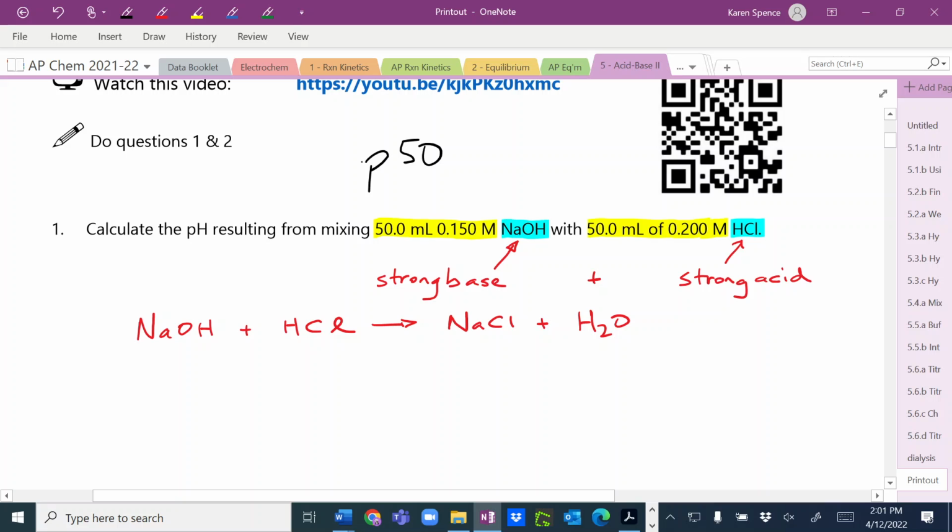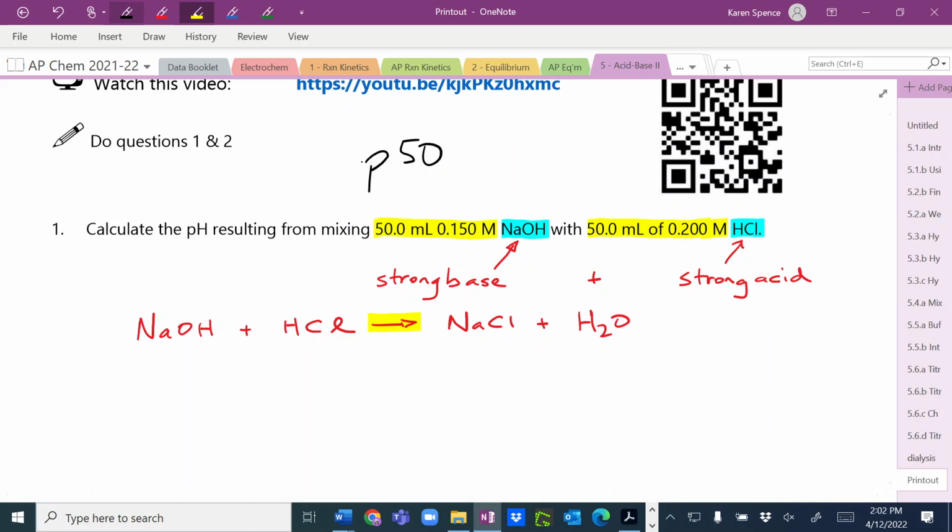So we are going to use a variant on a rice table here, except it's not going to be initial, change, equilibrium, because this is not an equilibrium, because these are both strong. So it is a one-way arrow.